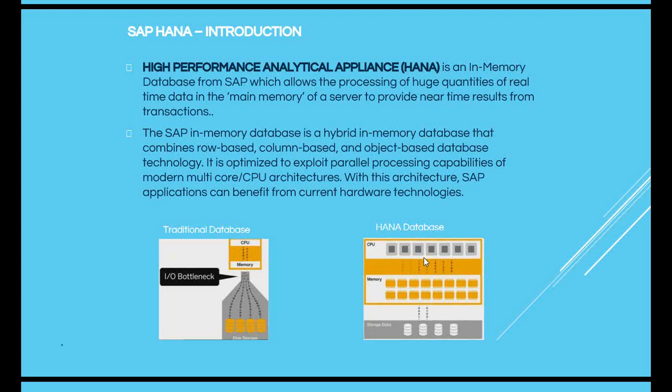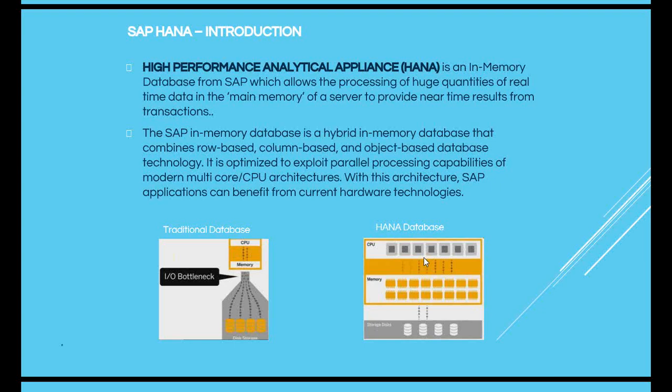Apart from that, we have many more features that we are going to discuss in later classes. And HANA is an appliance. I told you at first, it's an appliance in the sense that it's a combination of software and hardware. The software part, that is your HANA and other application servers and other software, is given to you by the SAP company, SAP AG.